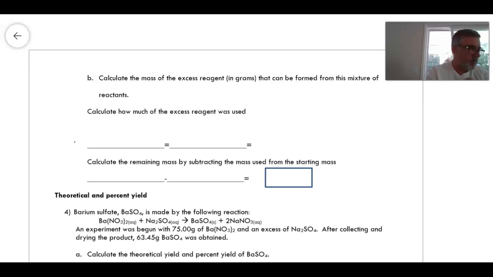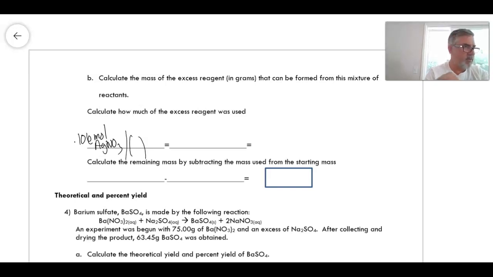So I have 0.106 moles. I have to do one of these because I've got to see how much iron 3 I'm going to use.